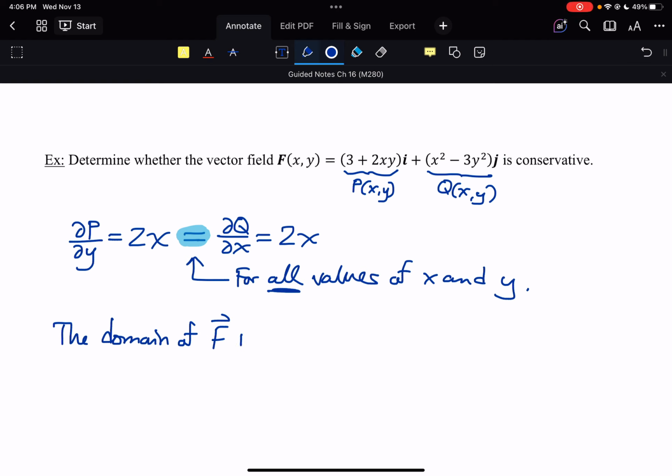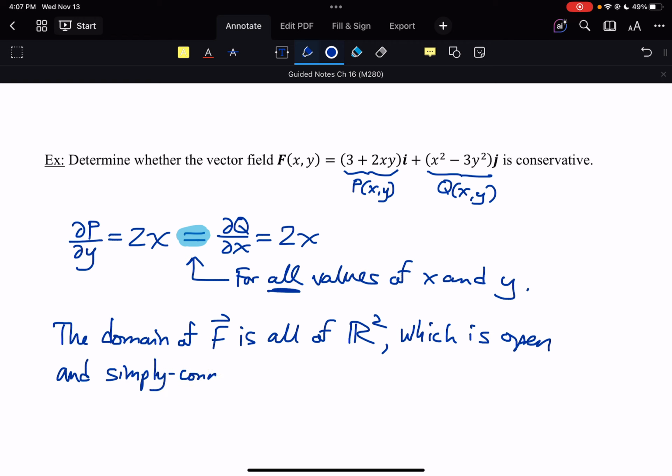So the domain of f is all of R2, which is open and simply connected. Thus, f is conservative.